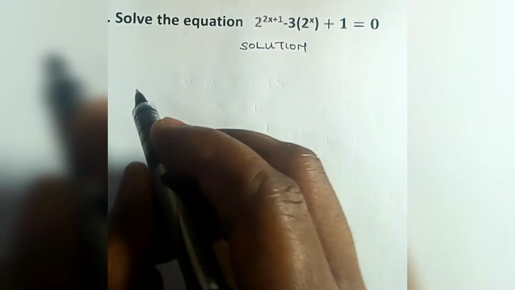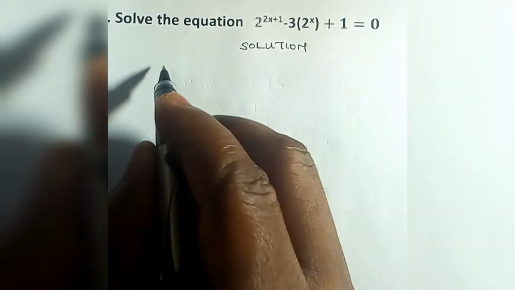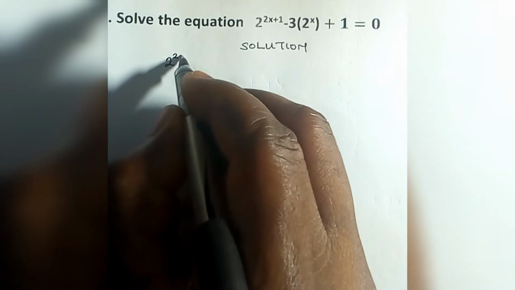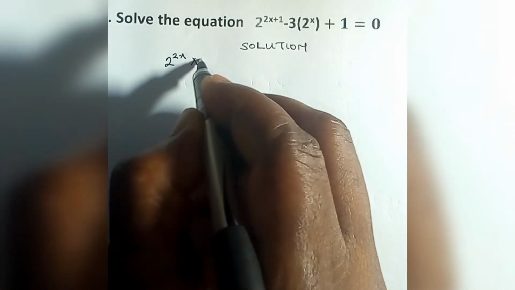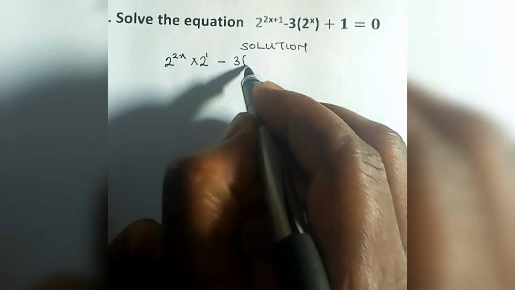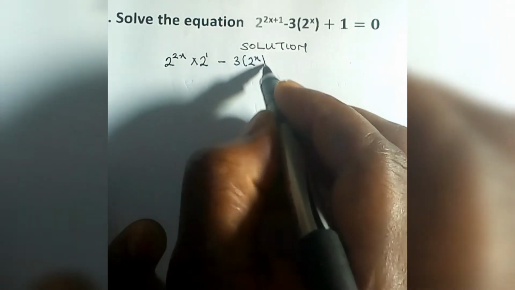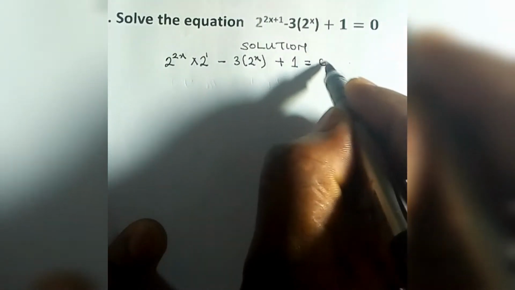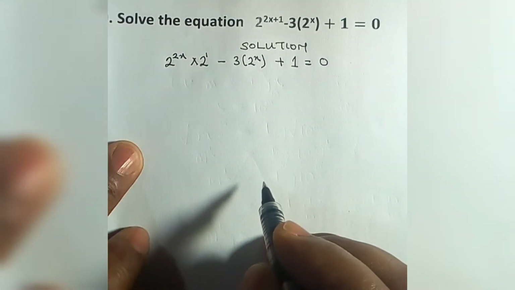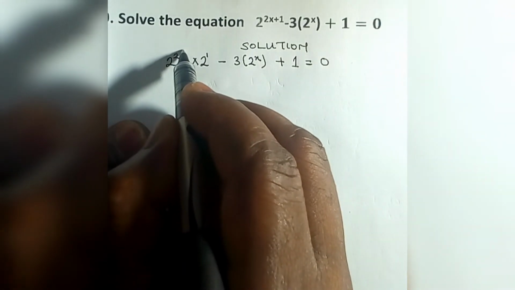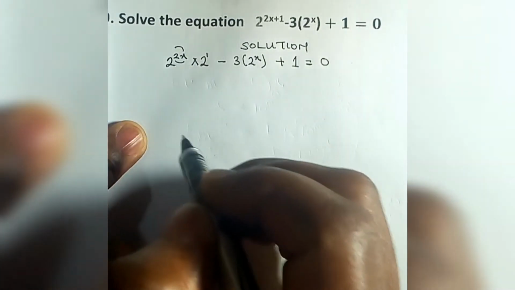Okay, when you reverse this, we have 2 to the power of 2x multiplied by 2 to the power of 1 minus 3 open bracket 2 to the power of x plus 1 equal to 0. Alright, now let's interchange the power here, bringing x here and bringing 2 here.